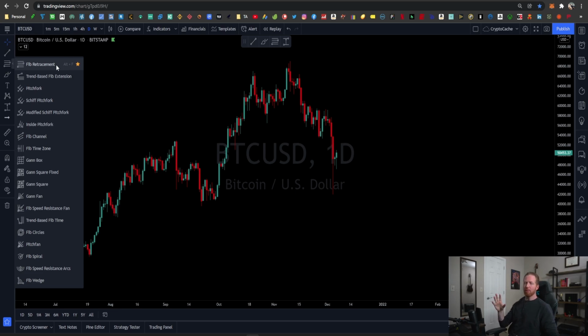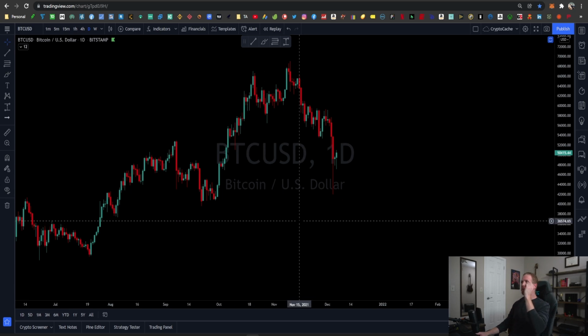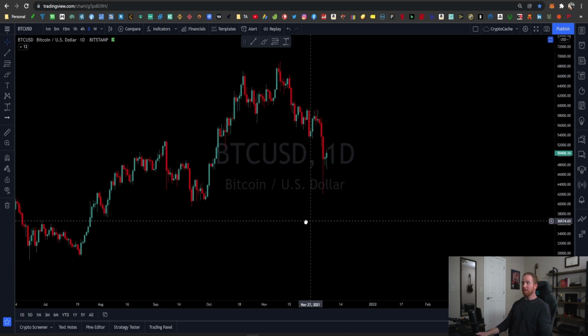I would say Fibonacci retracement is probably one of the most commonly used indicators that you can find. Okay, but if you're using TradingView, that's how you're going to find it. And I just went ahead and clicked on the star to add it to my favorites, which is why you see it up here. That's how I can use it quickly without always having to go through the drop down option. Okay, so that's kind of how Fibonacci retracement is found.